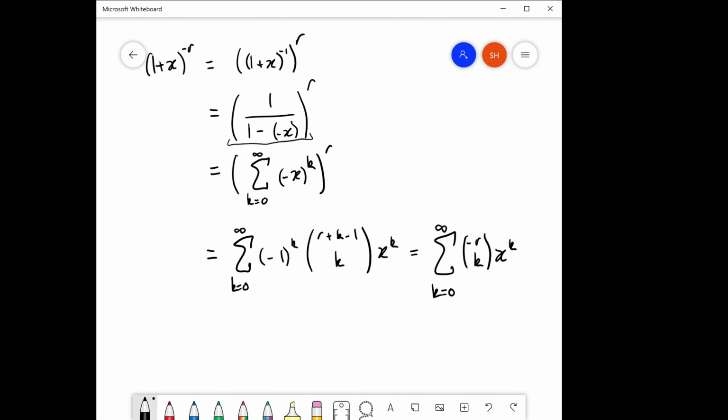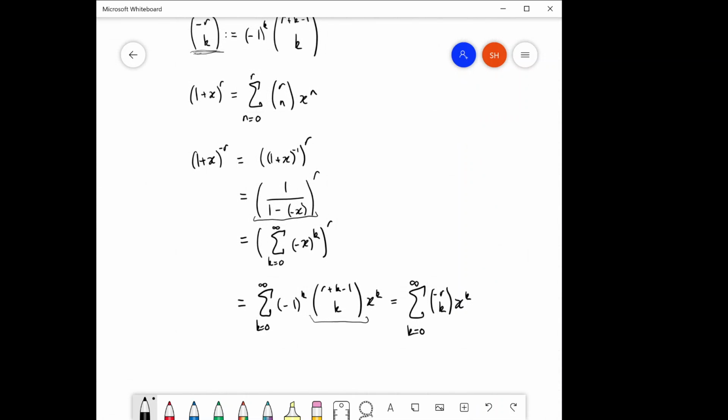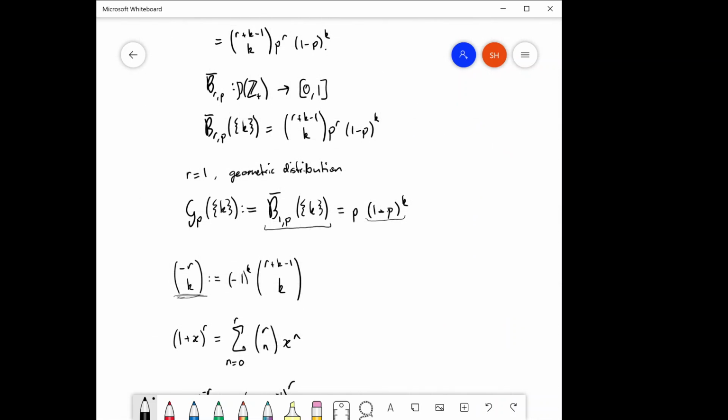So this is the reason why we would call a coefficient like this a negative binomial coefficient. And because this shows up in our negative binomial distribution, that's where the name comes from.